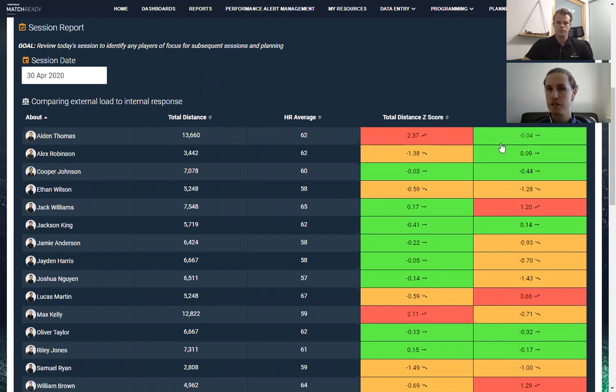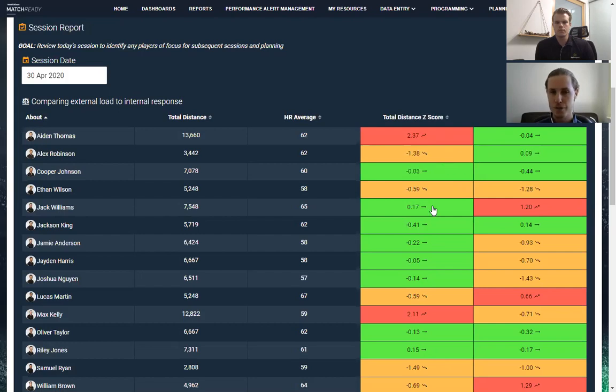And what we're actually looking for here is to ensure that we're seeing the response that we wanted. It's not necessarily that a high external load or total distance increase and an average or low heart rate is a bad thing. That can probably indicate that they're fit and really maintaining their program.